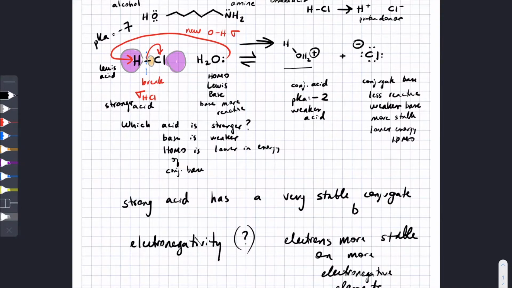Okay, I like that. But why? Why would they be more stable on more electronegative elements? I'm being the 2-year-old here, and I'm going to keep asking why until we get to because I said so, or perhaps some fundamental principle of the universe.